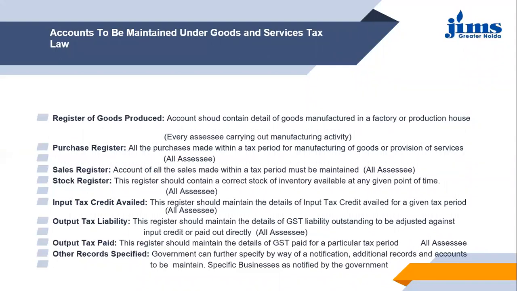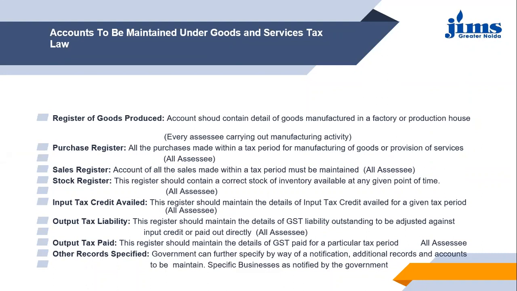Then in reference to GST compliance, further is the input tax credit availed. Input tax credit availed means whatever tax credit you have already availed, whatever tax credit you have already taken benefit of. Then the output tax liability, you all know very well, is whatever tax liability you need to pay to the government.